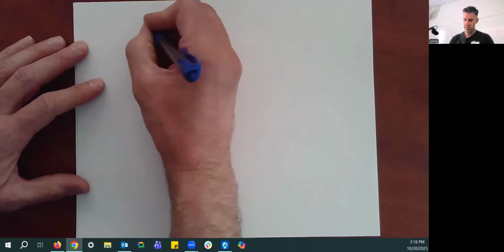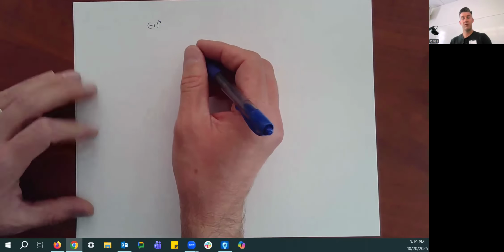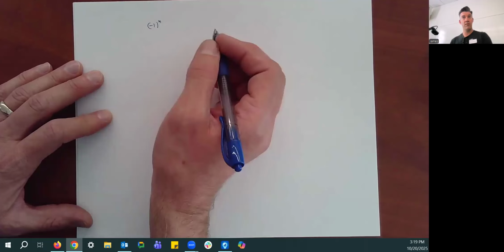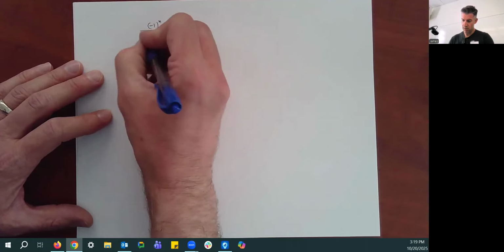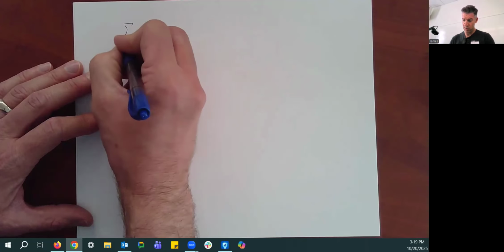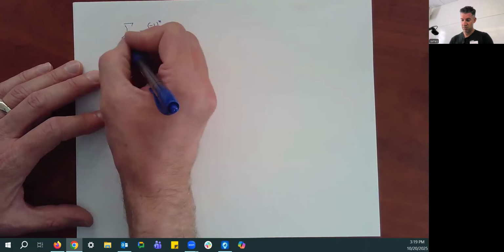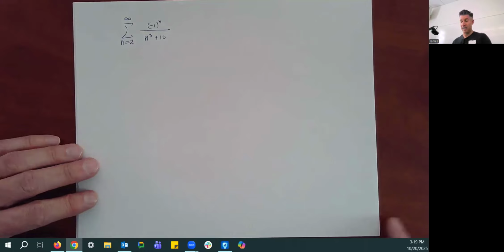It was, of course, -1 to the n over... Was it a geometric or? Oh yeah, -1 to the n over n cubed plus 10. And I assume we're summing this from n equal to... It was 2 to infinity. Okay. And we were asked to estimate this sum?